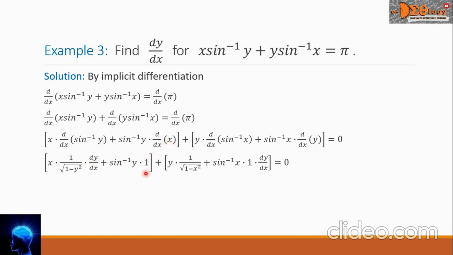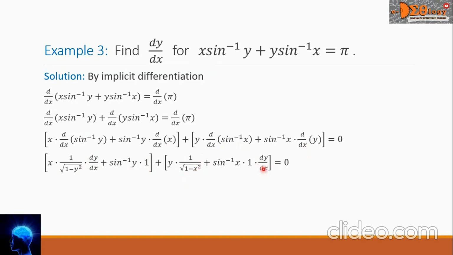Derivative of x is 1. Derivative of sine inverse x is 1 all over the square root of the quantity 1 minus x squared. Next, derivative of y is 1 times dy over dx.